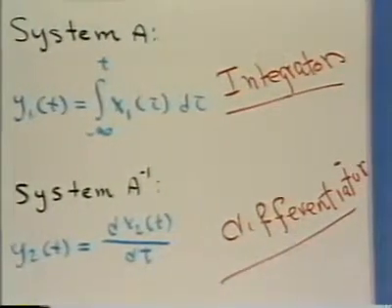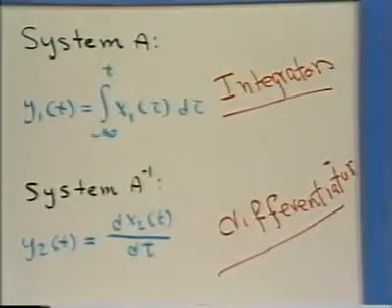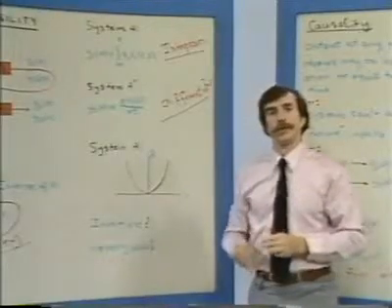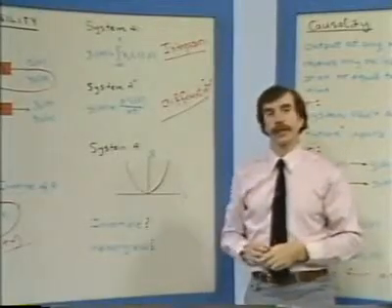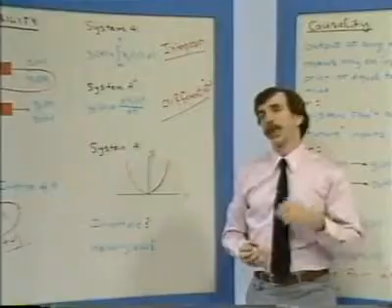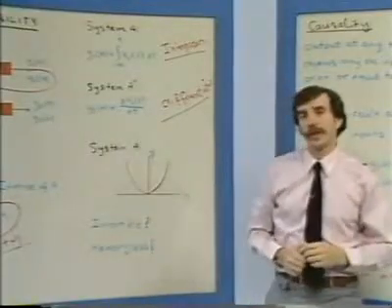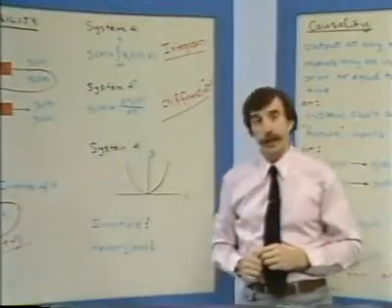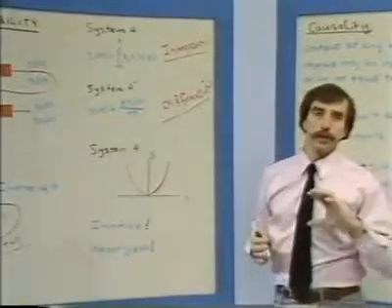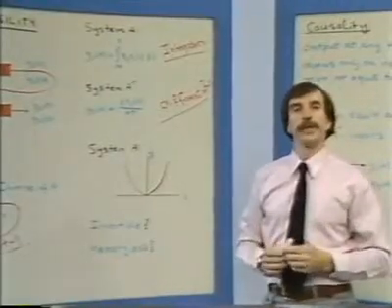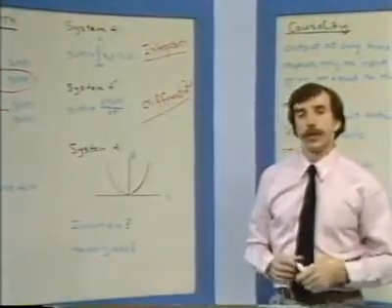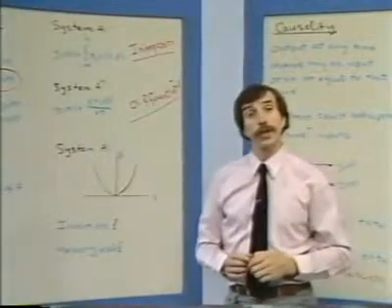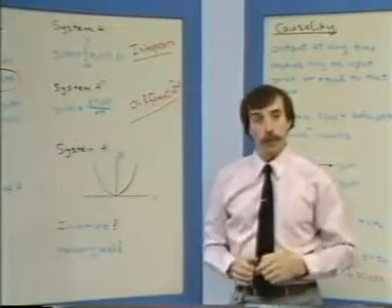So an integrator is invertible. Its inverse is a differentiator. What you might want to think about is the question of whether a differentiator is invertible. Now, to answer that, what you would ask yourself is, if you always knew what the derivative of the signal is, would you necessarily know what the signal was?